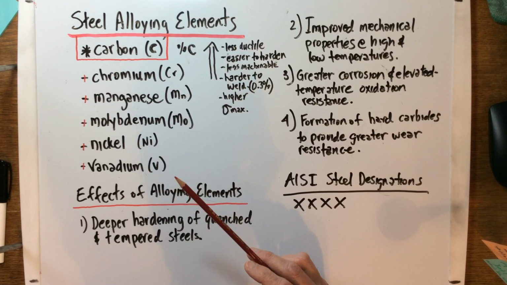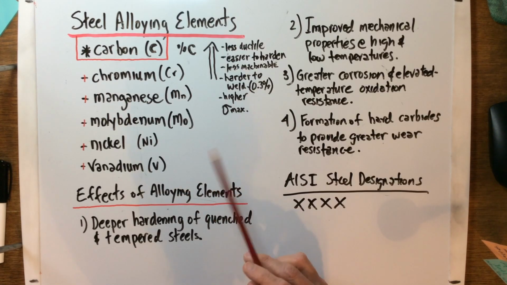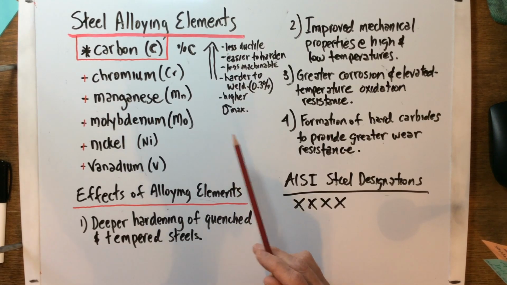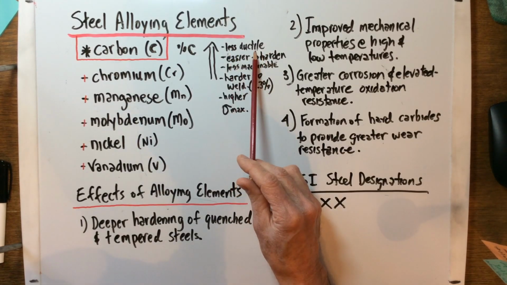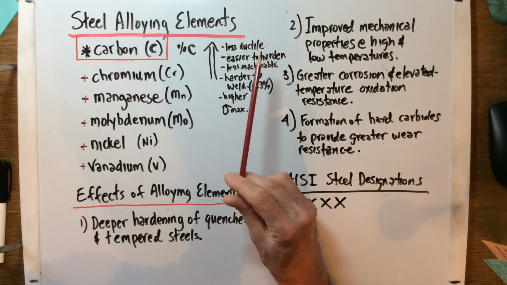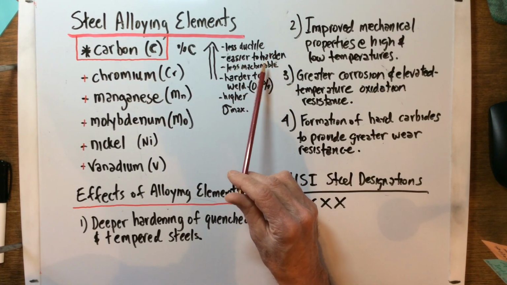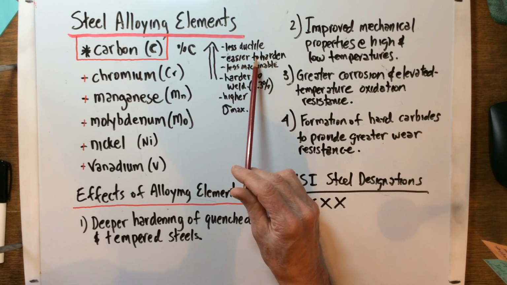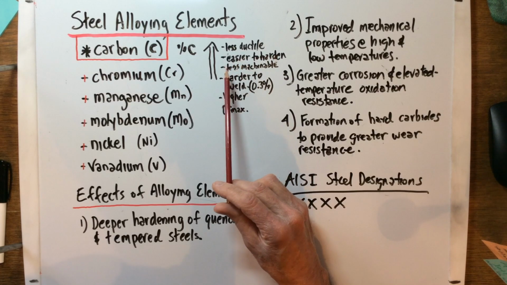And of course, we know what ductile means: the ability for that material to stretch in a tensile mode without breaking. So it becomes less ductile. It becomes easier to harden, which is what we're going to be talking about in quite a lot of detail shortly. So the more carbon you add, the easier it is to harden to various degrees.